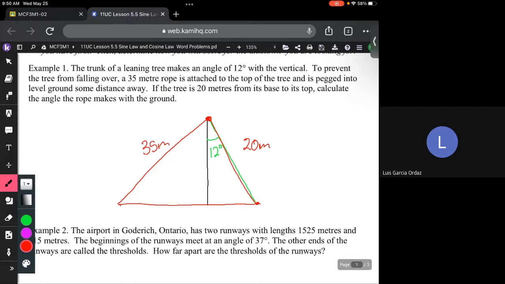So this makes 90 degrees because it's a vertical. I need to figure out the angle that the rope makes with the ground, so I need to figure out this guy over here. Does anyone know how I'm going to be able to do that?